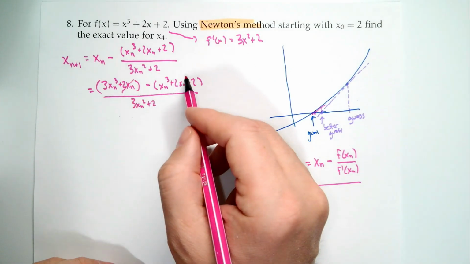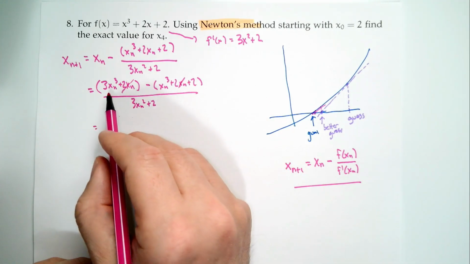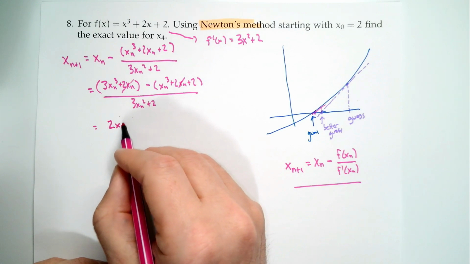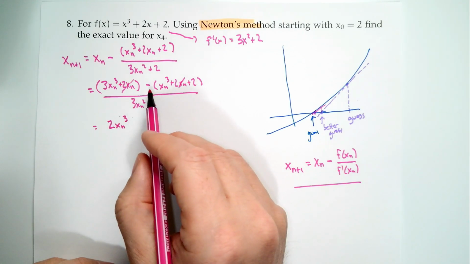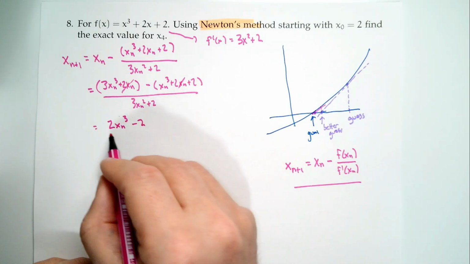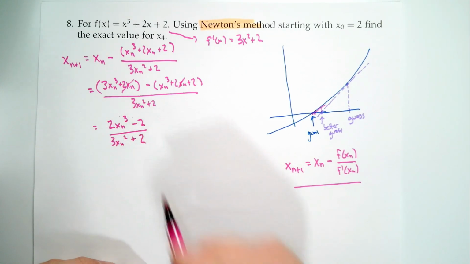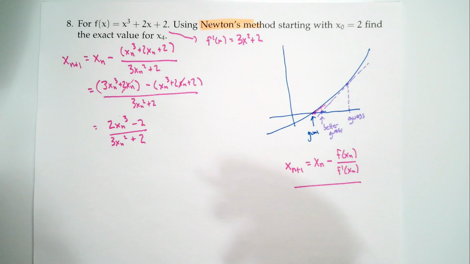The 2xn's actually cancel. So we get 3xn cubed minus xn cubed. So that's 2xn cubed, and then minus 2, over 3xn squared plus 2. Do you need to do this? No. But if you're going to do several iterations, and we have to do 4 iterations, it can make it go a little bit faster.